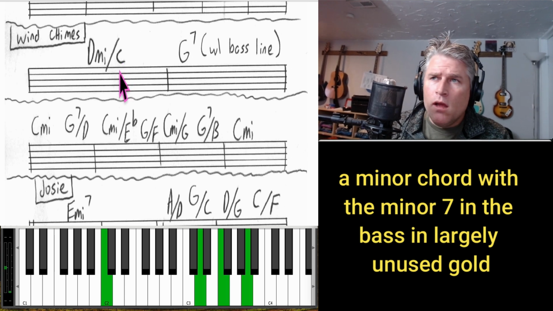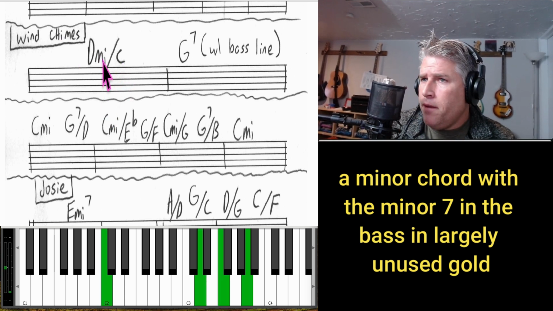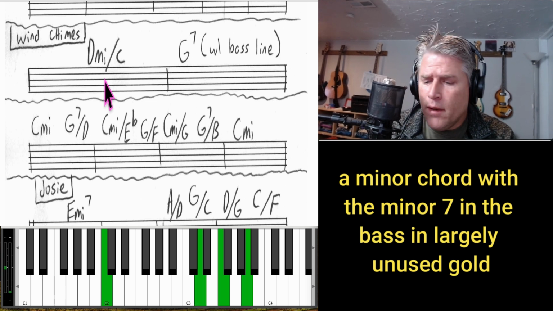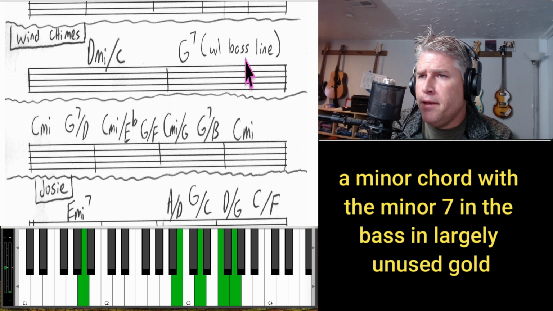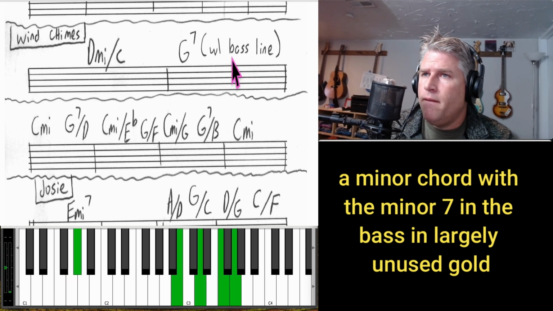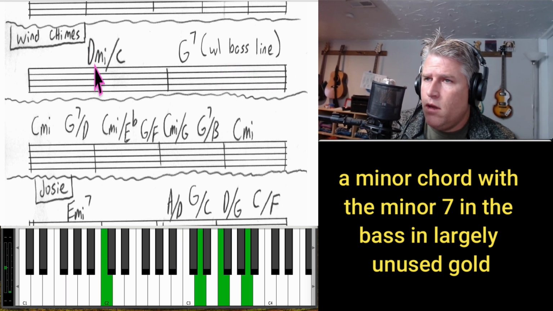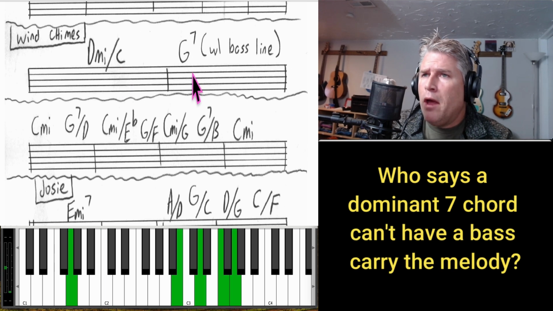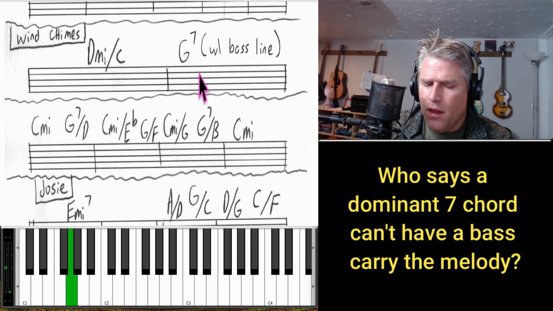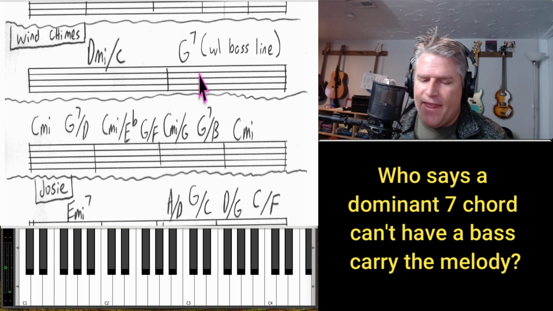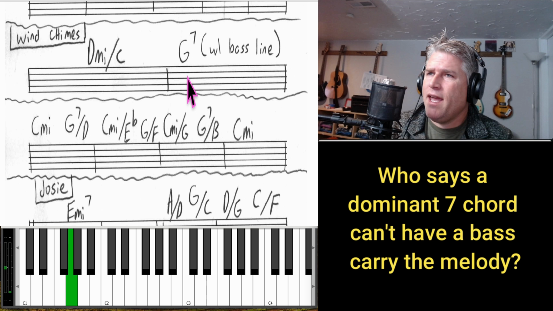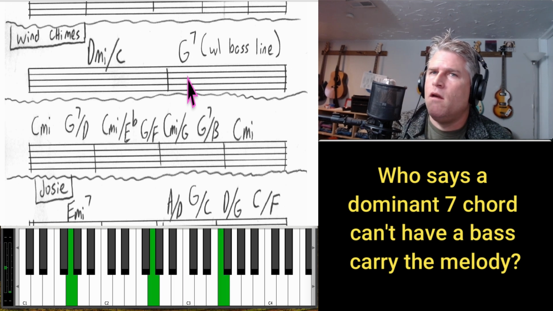And it goes D minor over C. And that bass note, talk about a weird bass line, it's just a G7, but he's like, why can't the bass have a little melody to walk up to 9?